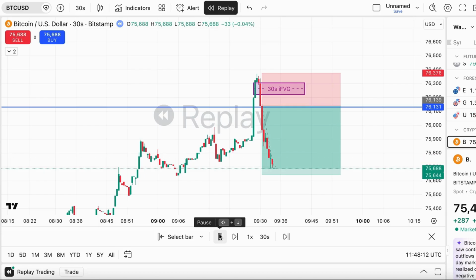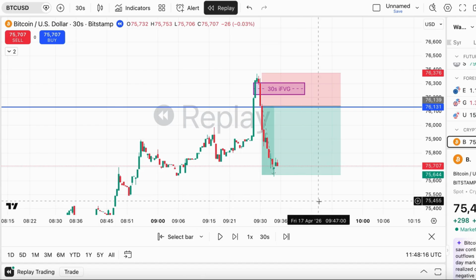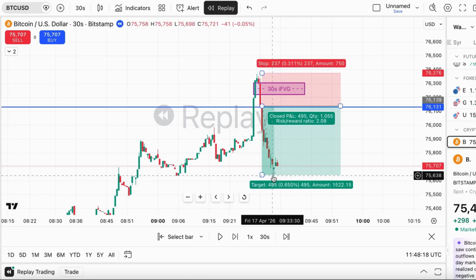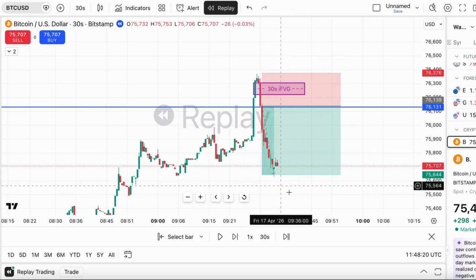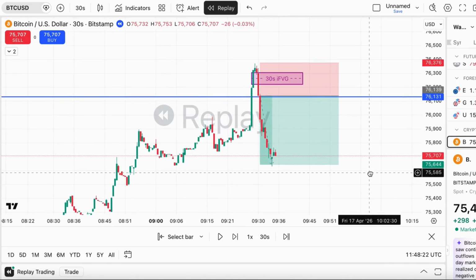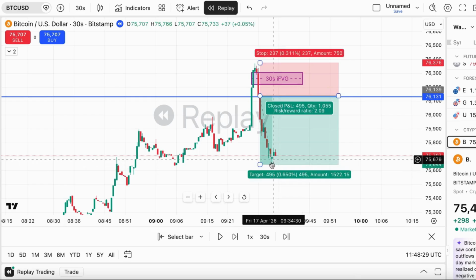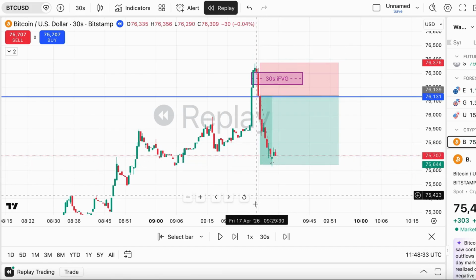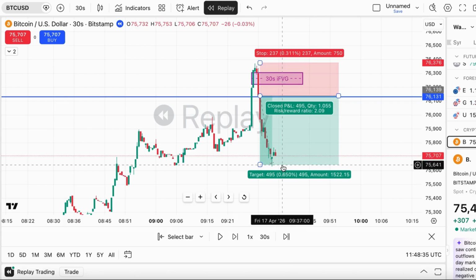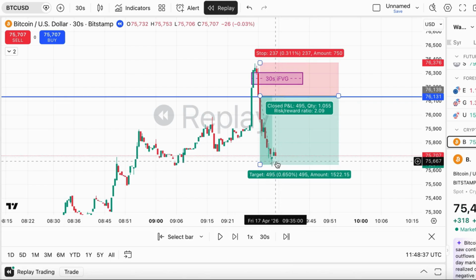So you can see quite a nice displacement into the downwards area here, and TP gets taken out. Like I said, depending on trading style, I would have left runners here, but again, this is not the same trade I took. I took it even lower down. But here, take 90% of your profits, leave a runner going.